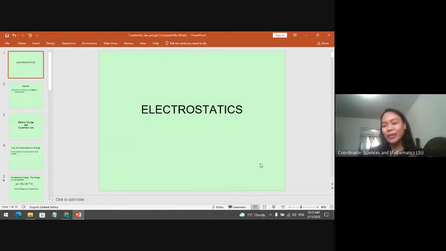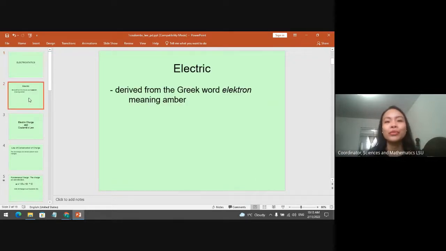Okay, so welcome to our course again, electrostatics. So what is electrostatics? It comes from the two words electric and statics. Electric was derived from the Greek word electron, which means amber. Statics refers to objects that are not yet in motion.